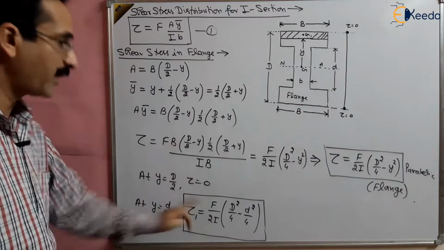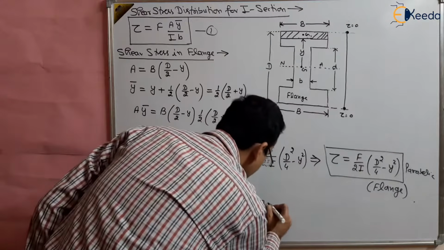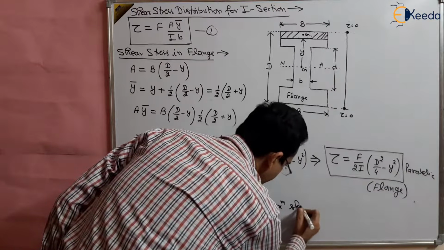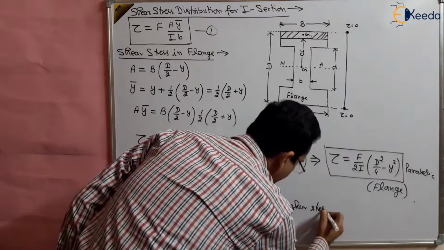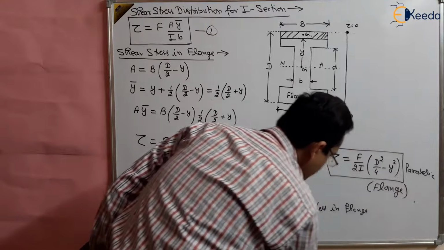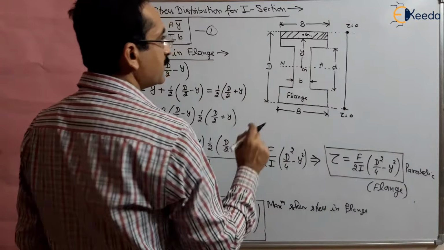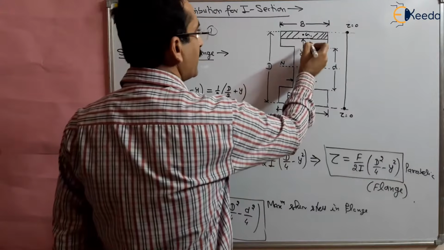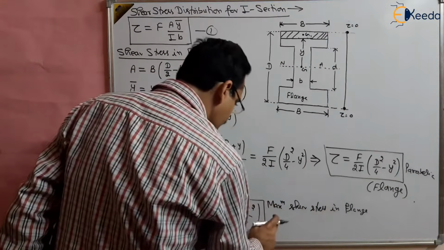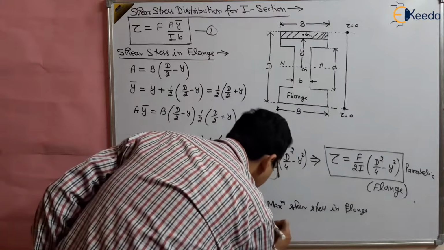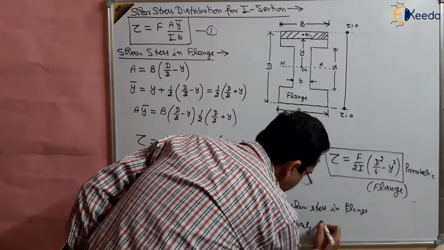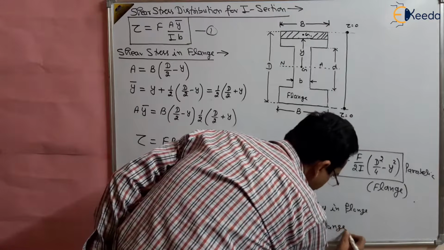We are talking about the flange only, right? This is the maximum shear stress in the extreme flange. But there is a section where the flange is joining the web. So we are taking only the flange part of this section, not where the web is connected.